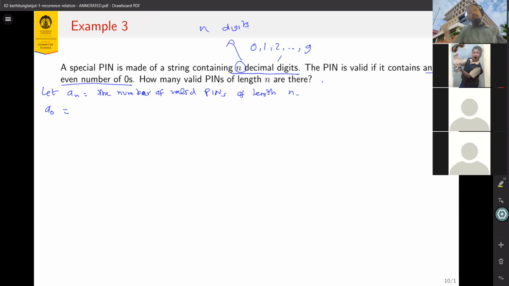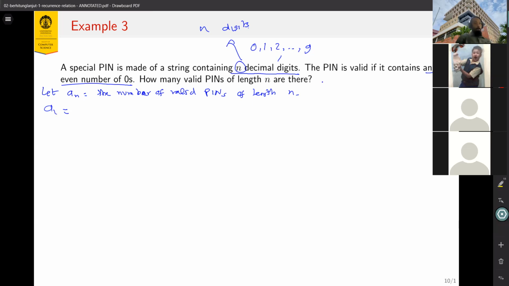Okay, maybe someone says, well, pins cannot be like 0. Then what's the point of a pin? Okay, let's start with A1 then. What is A1? How many valid pins of length 1? 0?